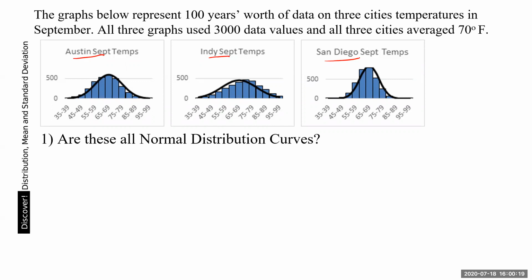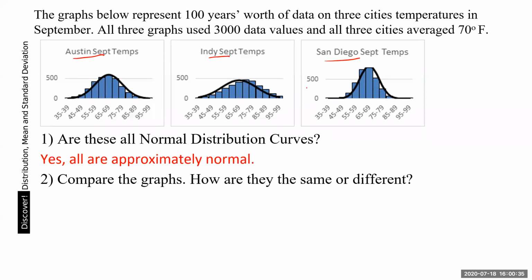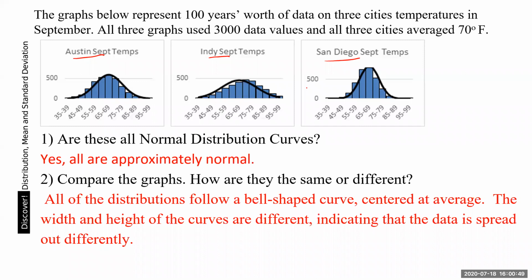Now, are all these normal distribution curves? Yes, approximately normal, because you don't see any form of skewness. Now compare the graphs. How are they the same or different? Though they all exhibit normal distribution, all the distributions follow a bell-shaped curve centered at the average.